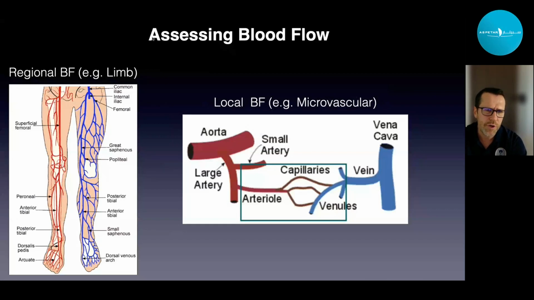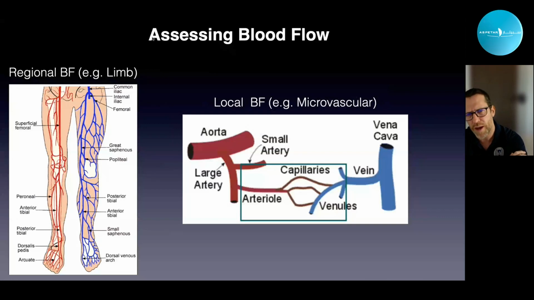I think the starting point is that there's two key areas. One is more regional flow. So if we look on the left-hand side here, for example, the superficial femoral artery, which is what we focused on, gives you more regional insights in terms of blood entering the lower limb in this case. But there's also ways of looking at more local blood flow around the muscle bed itself, what you'll know as microvascular flow.